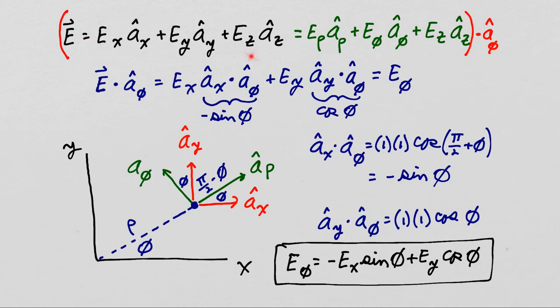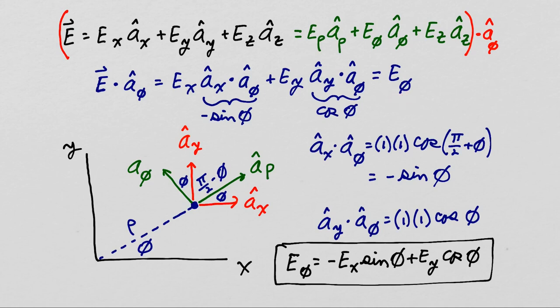Dotting this form with a sub phi will give us e sub x, ax dot a phi, plus e sub y, ay dot a phi, and az dot a phi is 0. So we have to find these two unit vector dot products to get e sub phi.